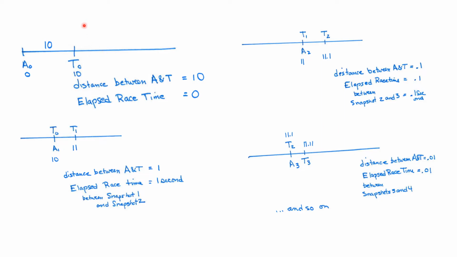Zeno's paradox then works this way. Achilles is here at time 0, and the tortoise is here at time 0. So at this instant, the distance between the two of them is 10 meters, and the elapsed race time is 0. But then the race begins.